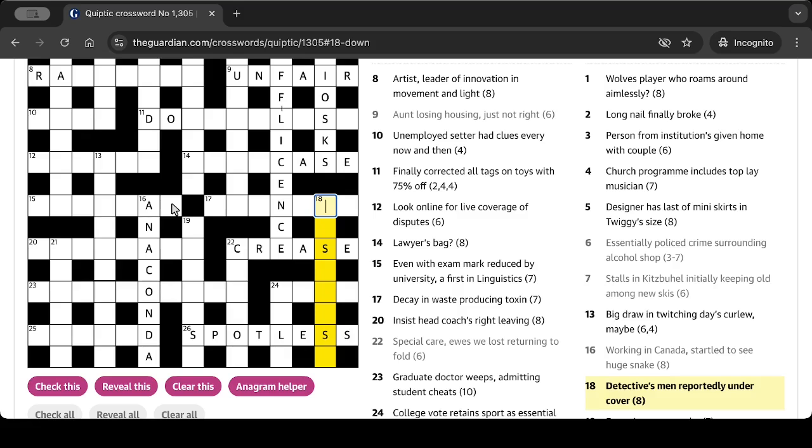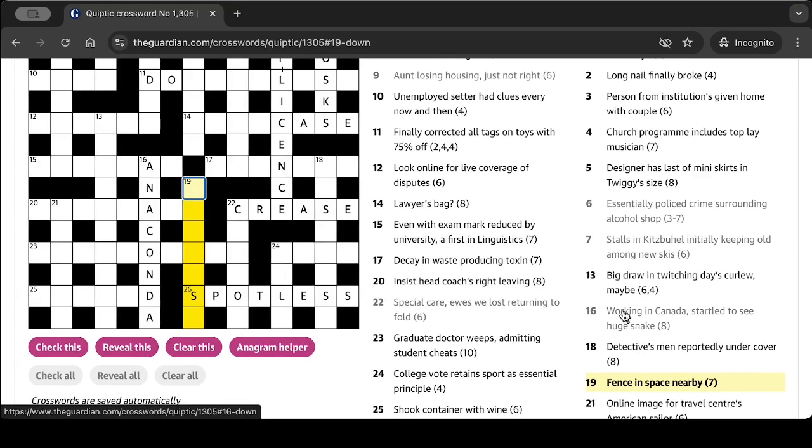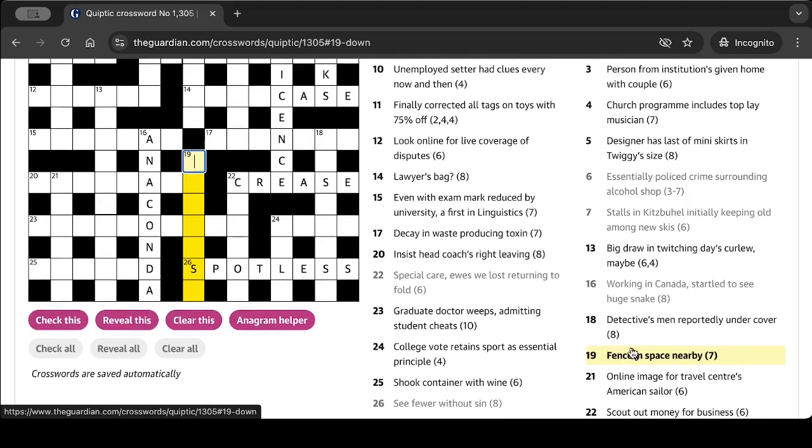Detectives men reportedly undercover. So who would be detectives men? Reportedly is probably a homophone indicator. So it probably means that we've got detectives men, a homophone for that, or a homophone for being undercover. I think that potentially is a mechanic. But again, I'm looking for quick and easy answers, so I'll jump past that. Fence in space nearby. So fence could be something like a dealer. And if it is a dealer, it might even mean that we're using that word as an anagram indicator.